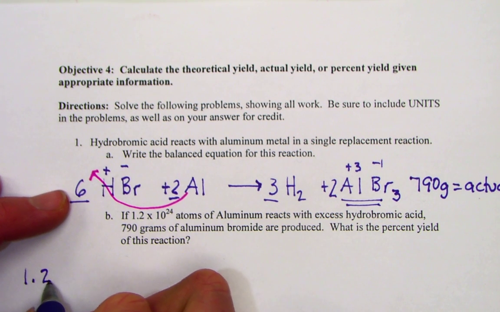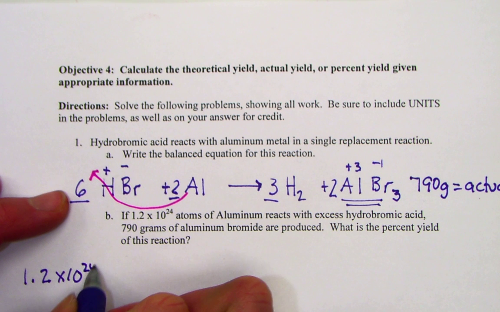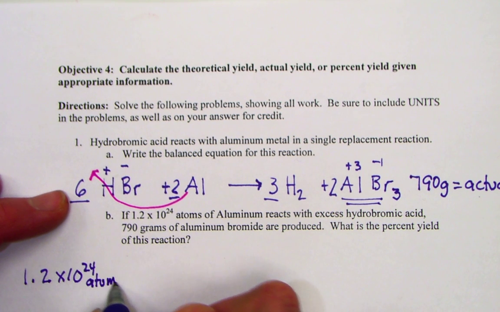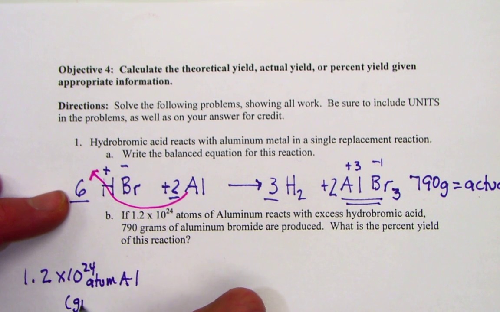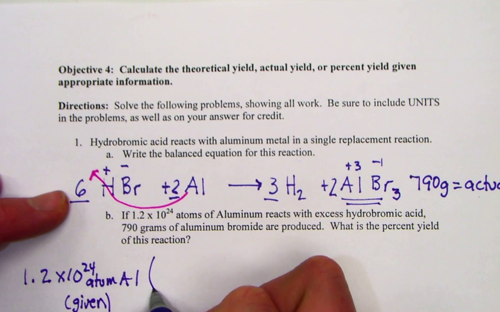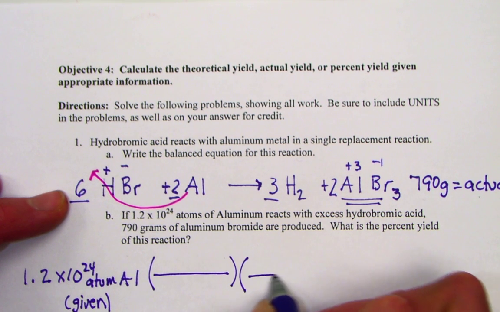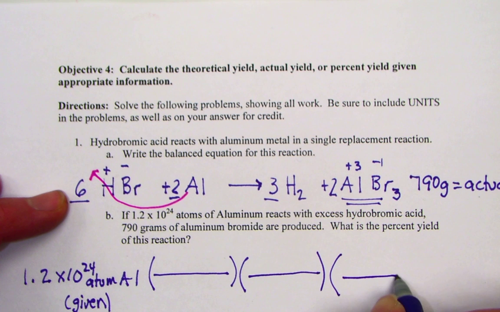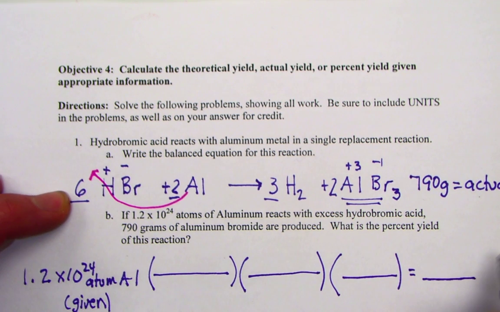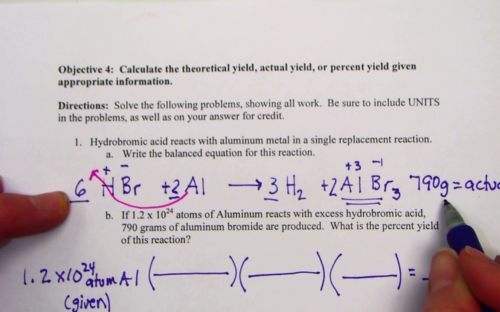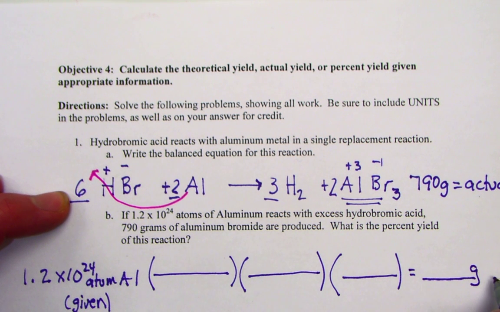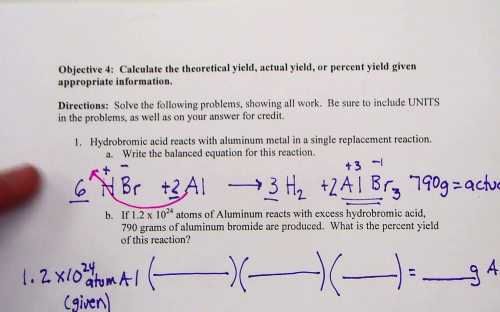Beginning with 1.2 times 10 to the 24th atoms of aluminum as our given, we will work the 3 steps of stoichiometry: divide, ratio, multiply, and target the product, aluminum bromide. And I want to match those units to what was provided for the actual yield, grams of AlBr3.